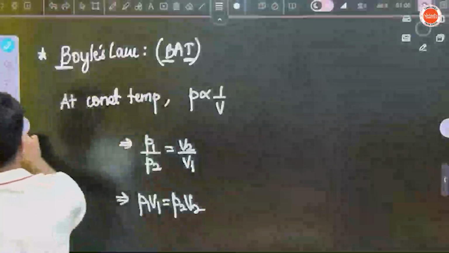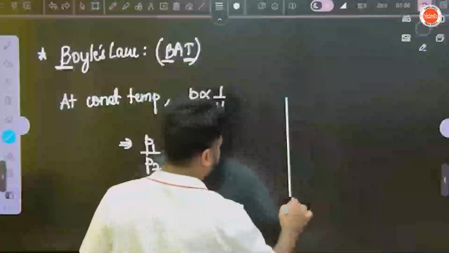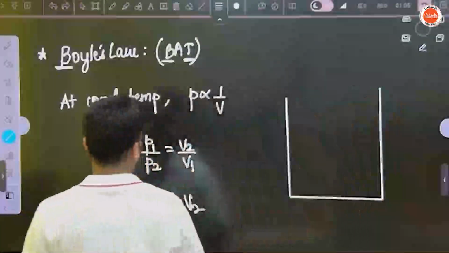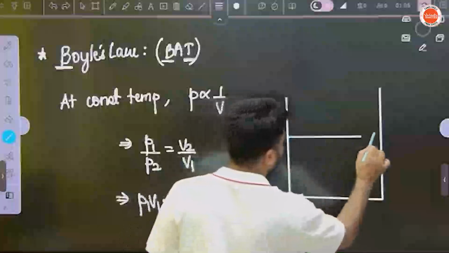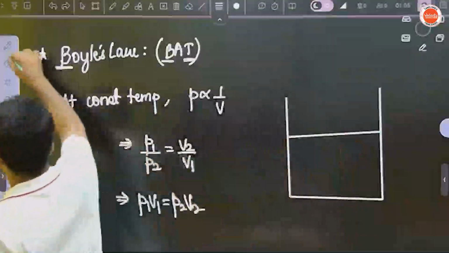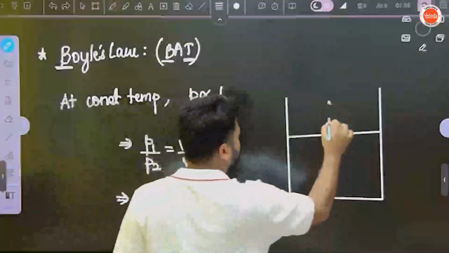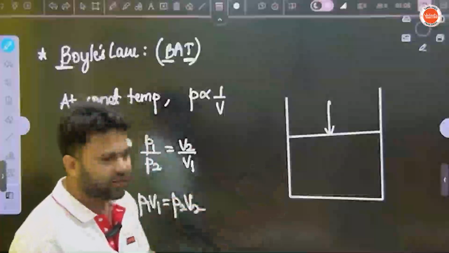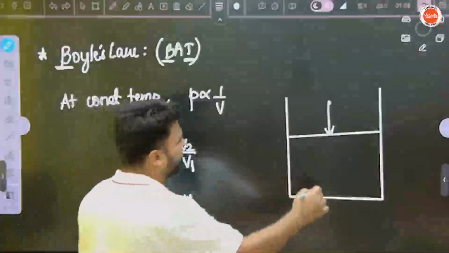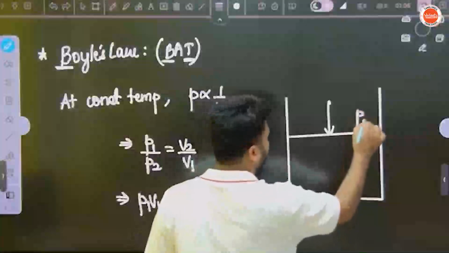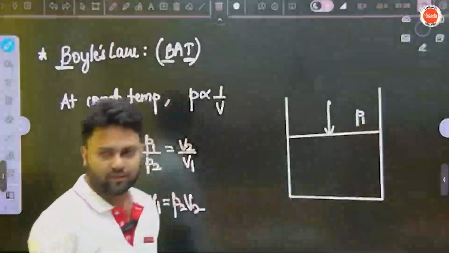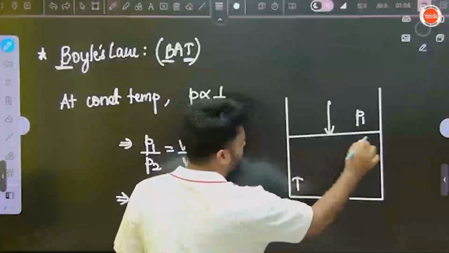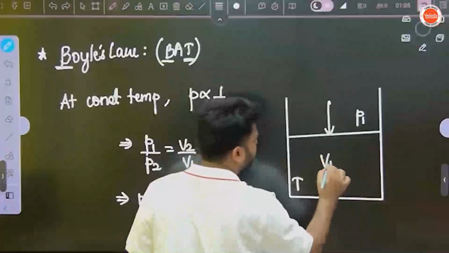For example, see. We have applied some pressure. This is stage 1. The pressure is P1. Correct. Temperature is some T. Volume of the gas is V1.